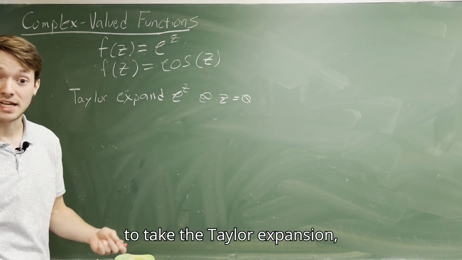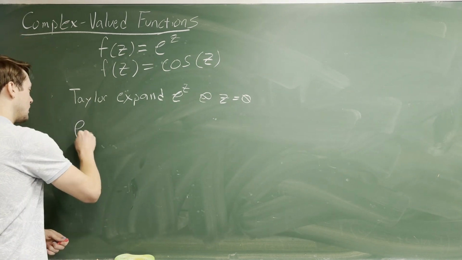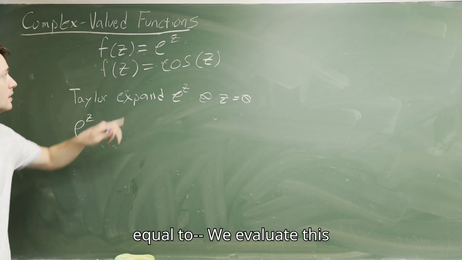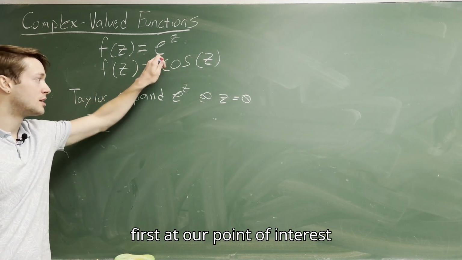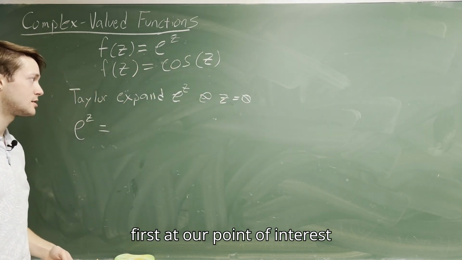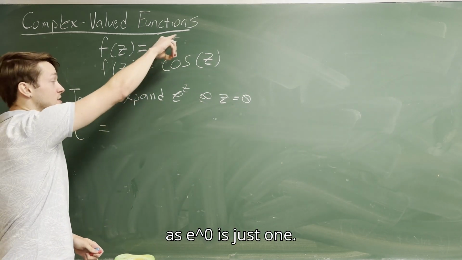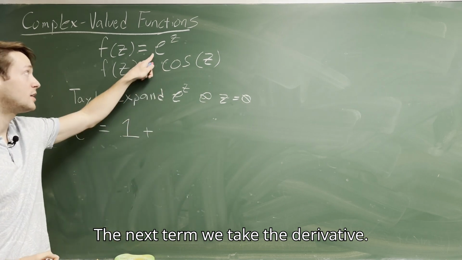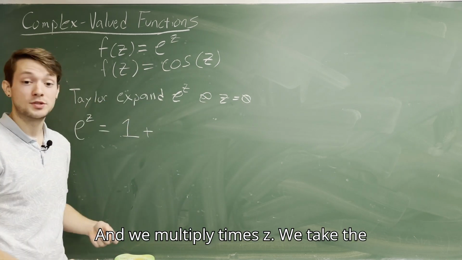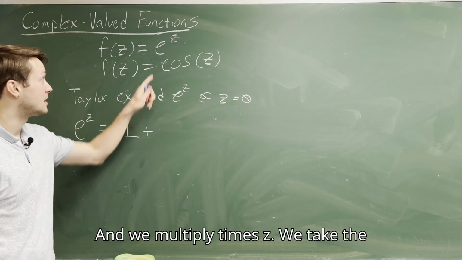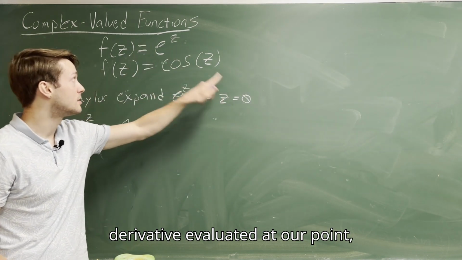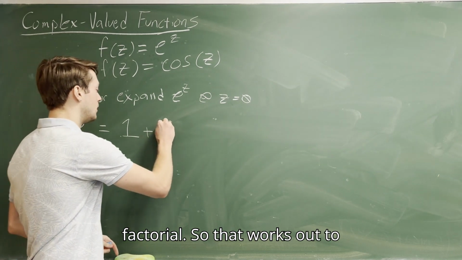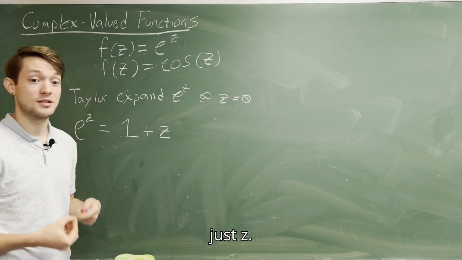So, to take the Taylor expansion, e to the z is going to be equal to, we evaluate this first at our point of interest, as e to the 0 is just 1. The next term, we take the derivative, evaluated at our point, multiplied times z, and divide by 1 factorial. So that works out to just z.